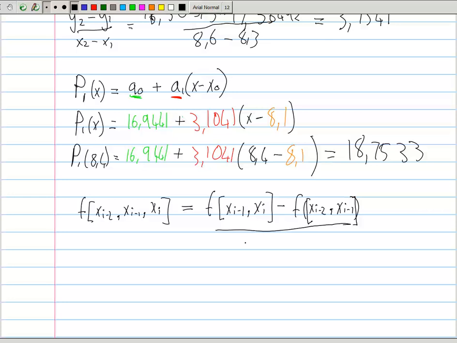Divided by, now here we have xi minus xi minus 2. And a nice easy way to think of it, we've got the i minus 2 over here, and we've got the i over here. It's the largest difference in i's that we're going to be using as our divided difference. So let's work out our f of x0, x1, x2. So our x0, x1, x2, we have our divided difference.